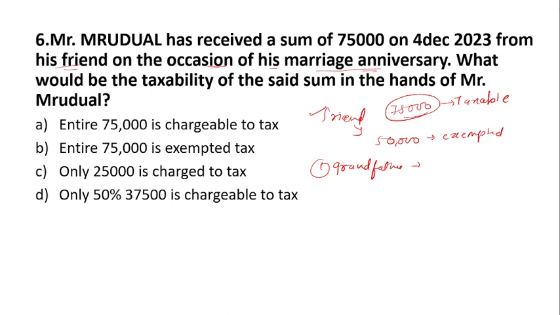But in case of a friend there is a limit. So here the right answer is the entire 75,000 is chargeable to tax.